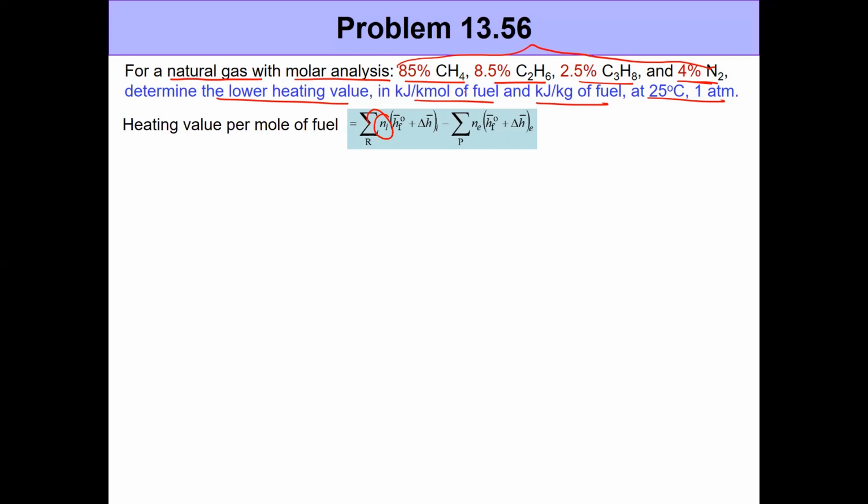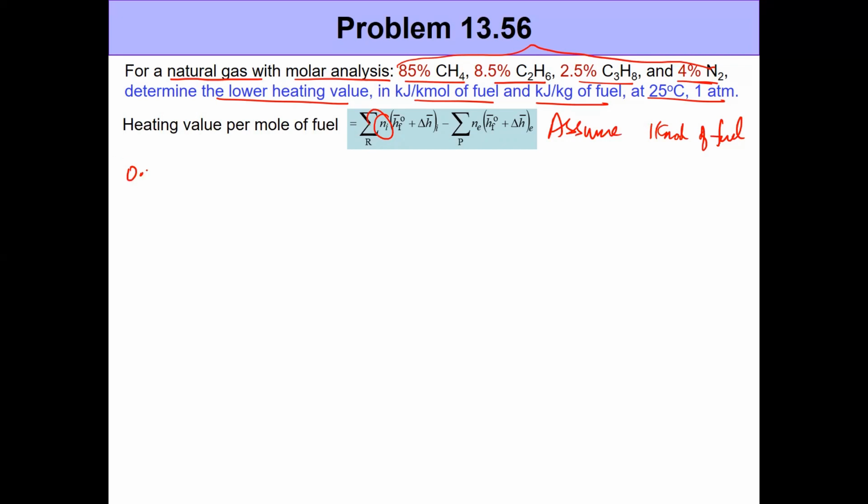So now let's make use of this molar analysis, and let's assume that we are starting off with 1 kilomole of fuel, for the purpose of writing the chemical reaction. So 1 kilomole of fuel, meaning that all of this 100% adds up to 1.